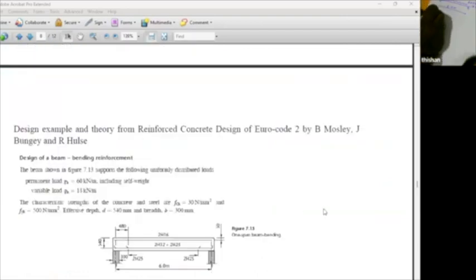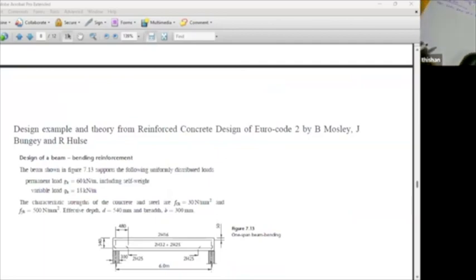The total load is 60 into 1.35 plus 18 into 1.5.